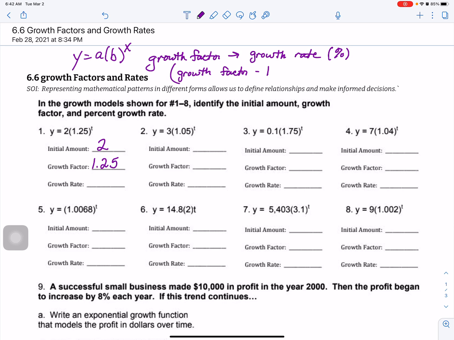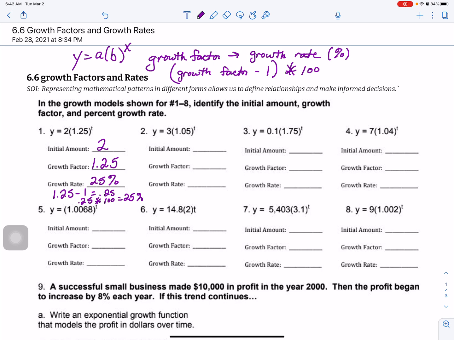So I'm going to do this first, and then I'm going to multiply by 100. So in this case, I'm going to take 1.25 minus 1, which would be 0.25. I'm going to multiply by 100, which would equal 25%. So that's just the formula that we're going to use.